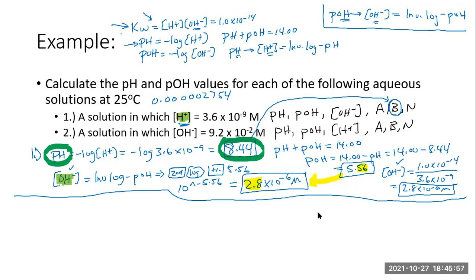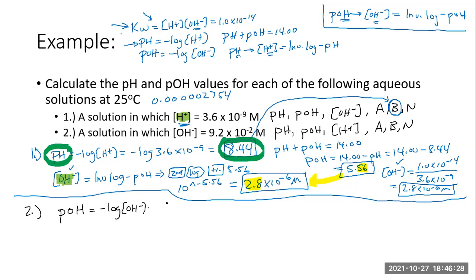All right, so let's take a look at the bottom one and what's going on with that. Same idea. You really do have a variety of approaches you could take. I'm just going to roll with what makes sense to me. Since I have the OH minus concentration, I could do one of two things. Again, I could use KW to get the H plus, or I could go directly into the pOH, which is what I'm going to do. pOH would be minus the log of our OH minus.